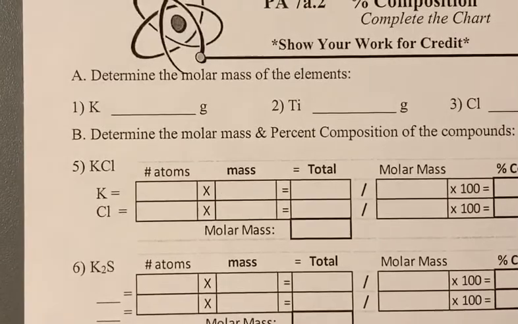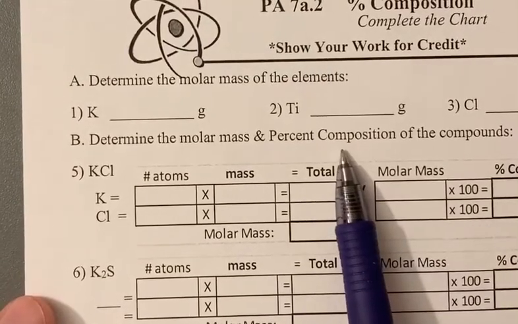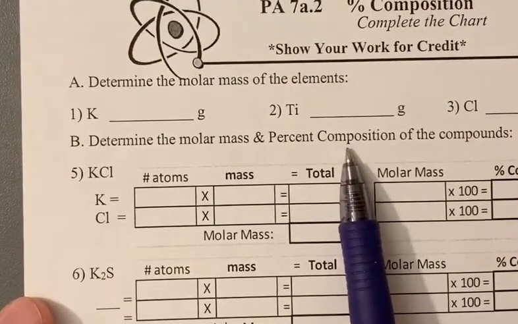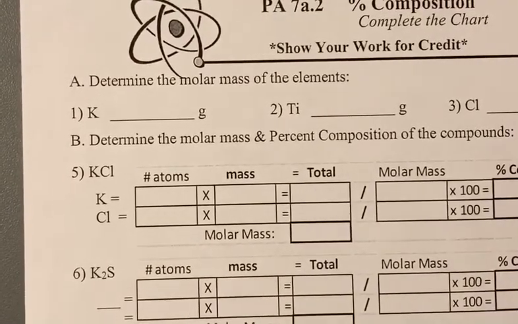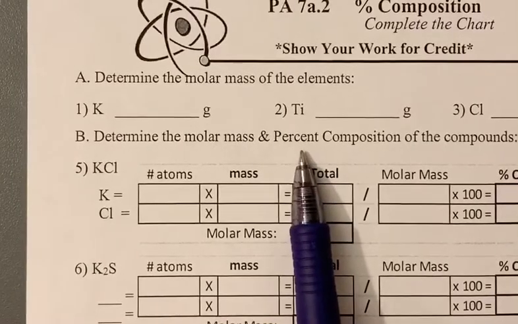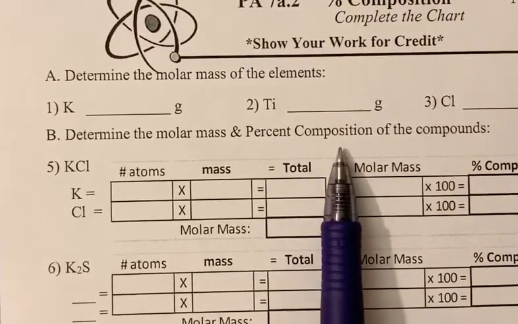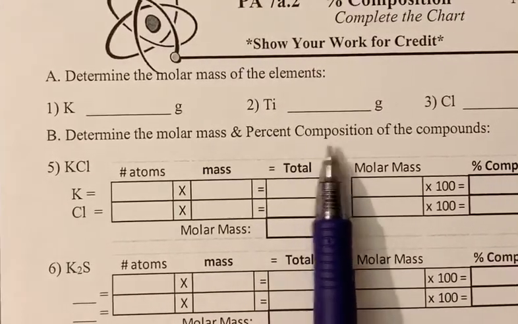Percent composition can be done with any sort of group of something. You can find the percent composition of each thing that makes up that group.